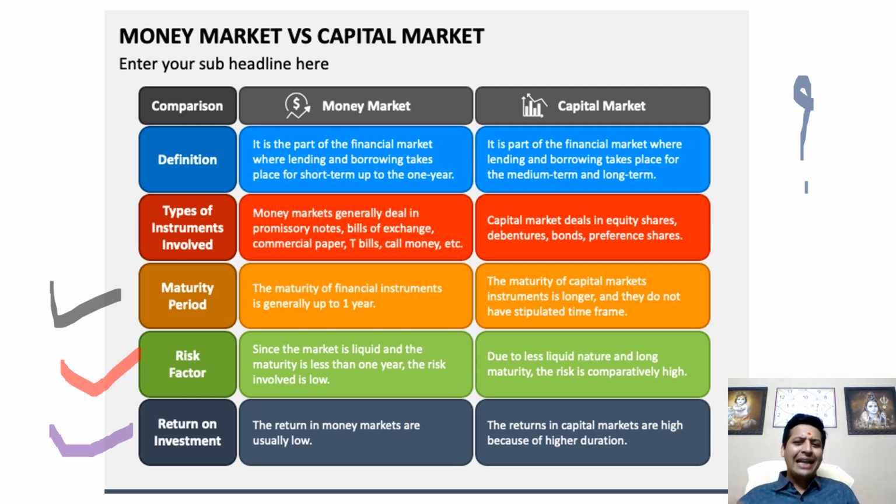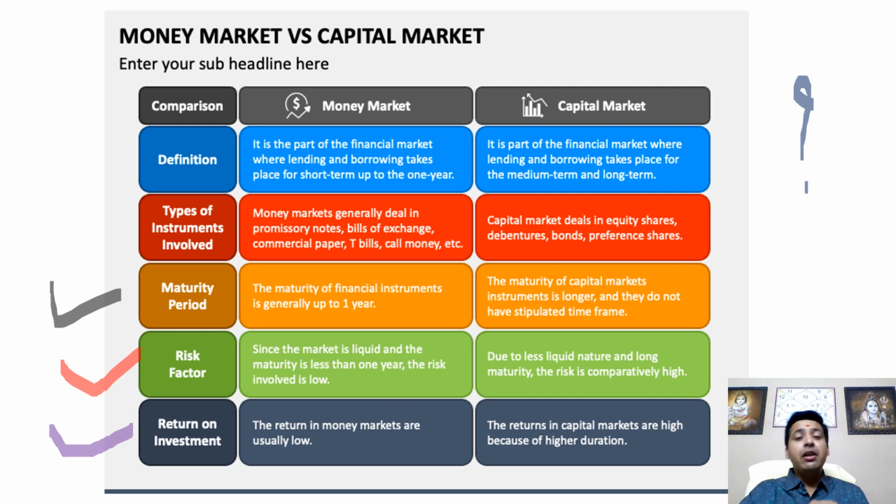The simple and last thing, if you compare the distinguishing factor, is that the returns in money markets are usually low. It is a low risk, low return market. If you know that 5% will be the minimum rate, you will get 5.20, 5.36. You will not find a wide difference in percentage in the money market. That is also one of the differentiating factors.